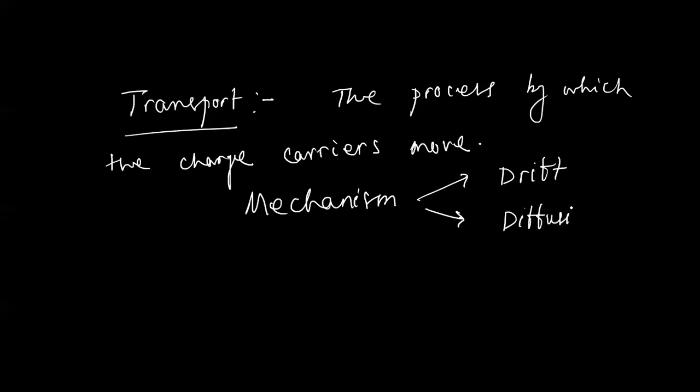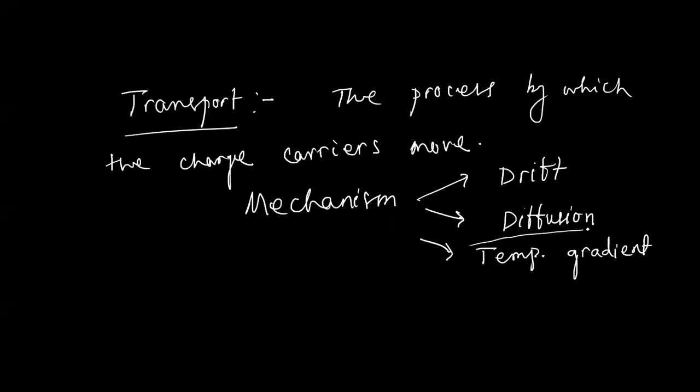There is a third mechanism also responsible for the movement of charge carriers, which is the temperature gradient, a difference in temperature. That is thermal non-equilibrium, and that will also create movement of the charge carriers from one region to the other.